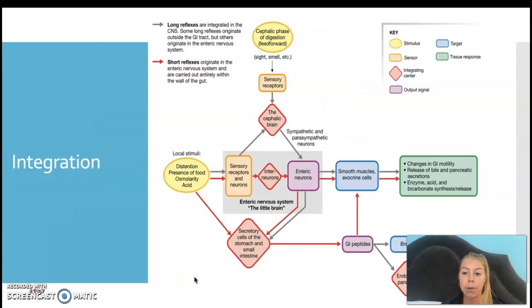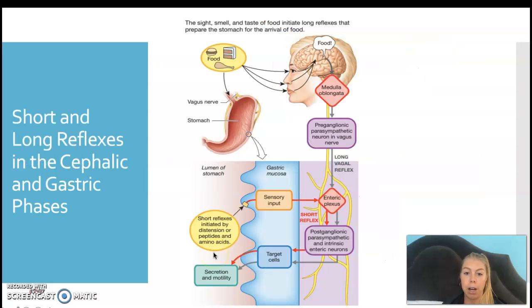Going back here, you can see that those things in green are the tissue response. So this sight and smell of food, as well as presence of food in the stomach, is going to cause secretion of digestive enzymes and motility in the gut, pushing that food through the digestive system.